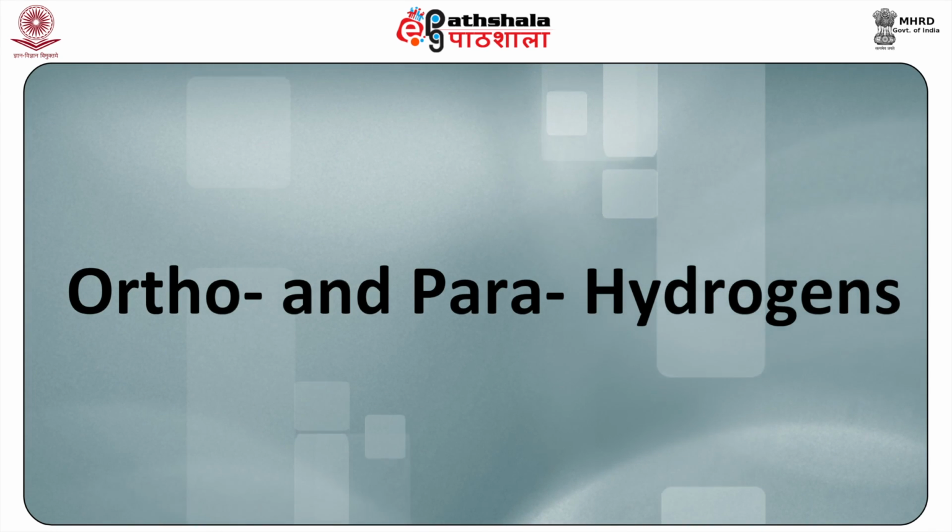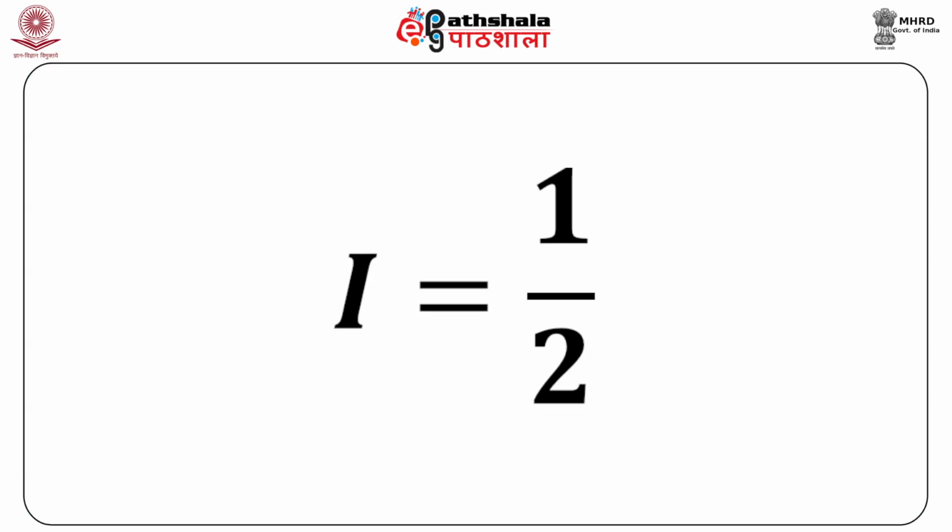The hydrogen molecule, as you know, is a diatomic molecule in which the nuclei of the two atoms are spinning. Depending upon the direction of the spin of the nuclei, the hydrogen molecule can be categorized as ortho or para hydrogen. The hydrogen atom has a spin quantum number I equal to half.